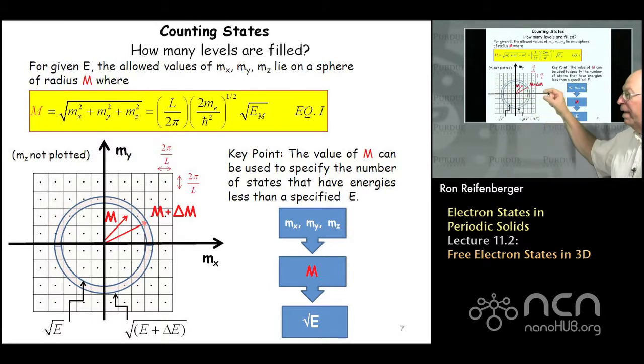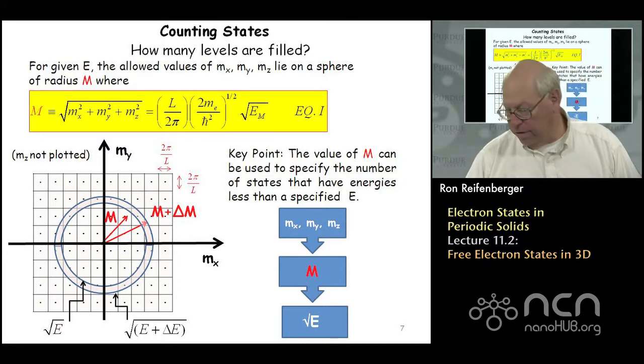When you include the third dimension, these squares turn into cubes, and these circles turn into spheres. And the question then becomes, how many of these quantum states lie between, let's say, the quantum number capital M and the quantum number capital M plus delta M. And we're going to just go through this derivation rather quickly, because in principle it's just a question of counting dots within shells and taking appropriate derivatives.